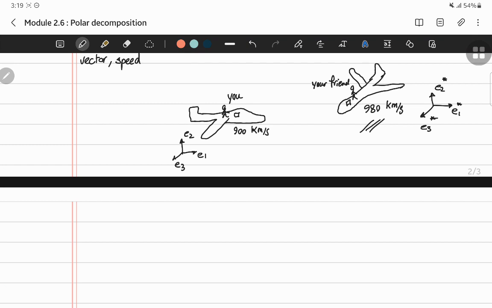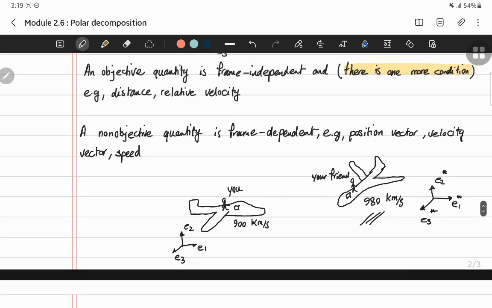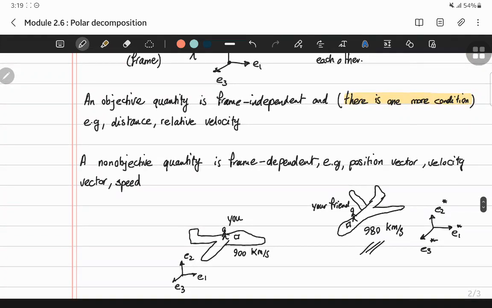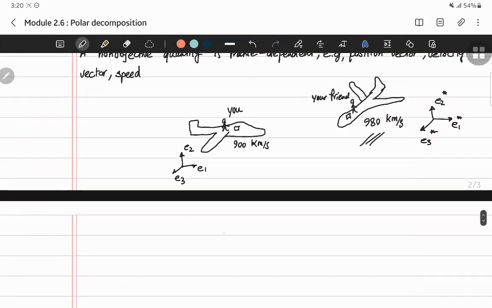This is only different from your frame or his frame. Therefore, if a quantity is different in frame, it does not mean that it is different in coordinate. Therefore, we have to put a line between frame and coordinate. They're different.